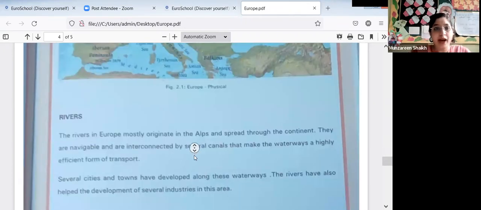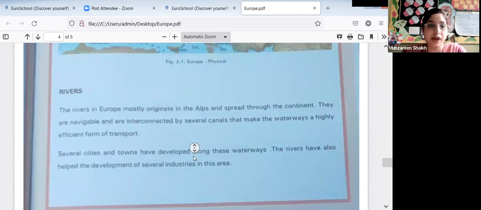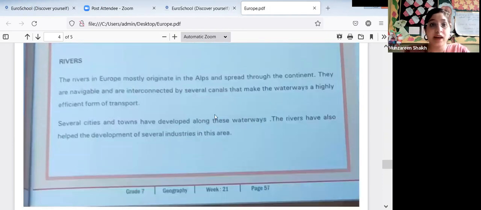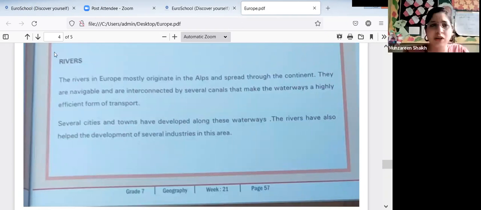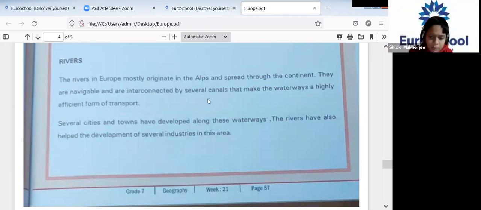Okay, now we have learned about all the ranges. Now we will study the rivers of Europe. In the previous chapter we studied the rivers of Africa, right? How many main rivers are we aware of?